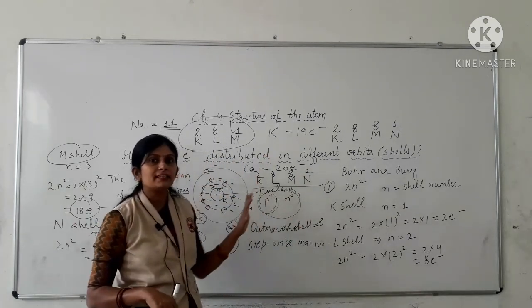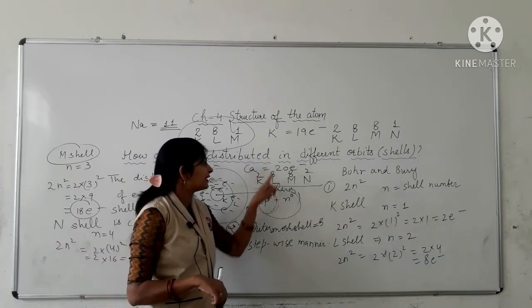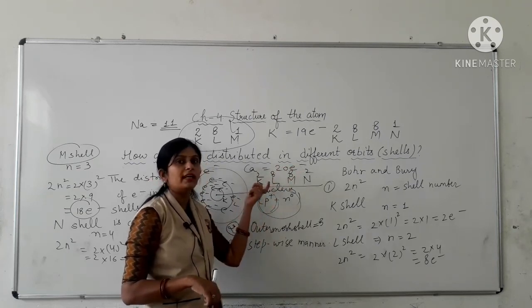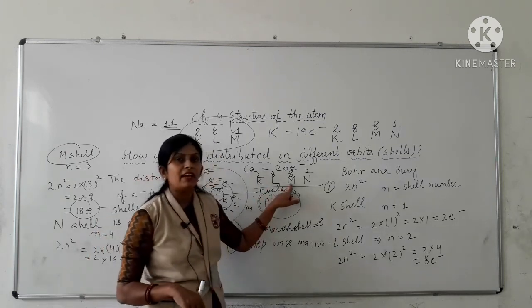So the same thing is there. K shell has 2 electrons, L has 8 electrons. So out of 20 electrons, 10 electrons are already accommodated in K and L shells. Now there are 10 remaining electrons, and we have M shell.